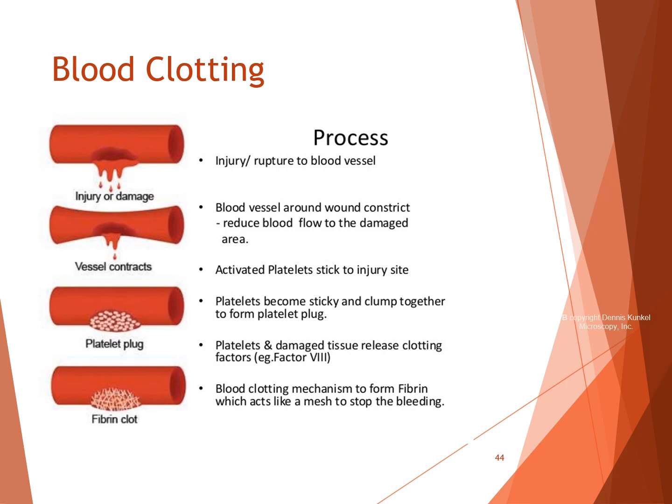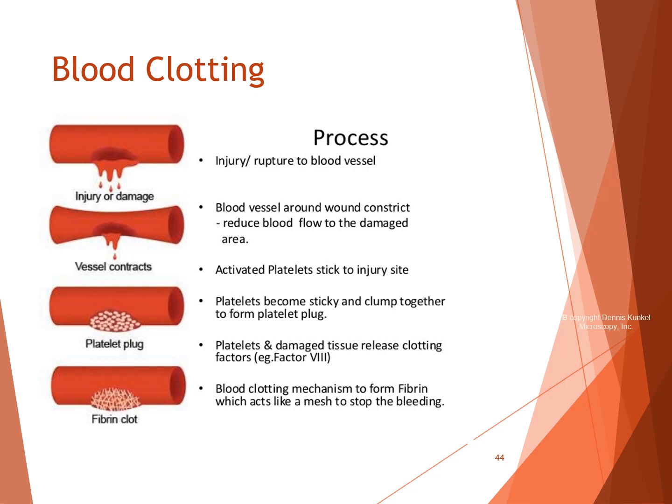So what happens when an injury occurs? The first thing that's going to happen is that those vessels that are near that area are going to start to constrict down. This is called vasoconstriction. So this is going to reduce the flow to the area of injury.